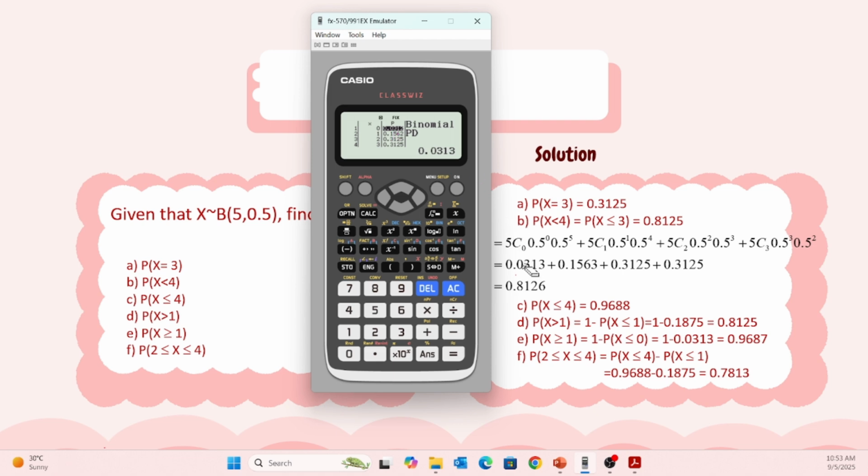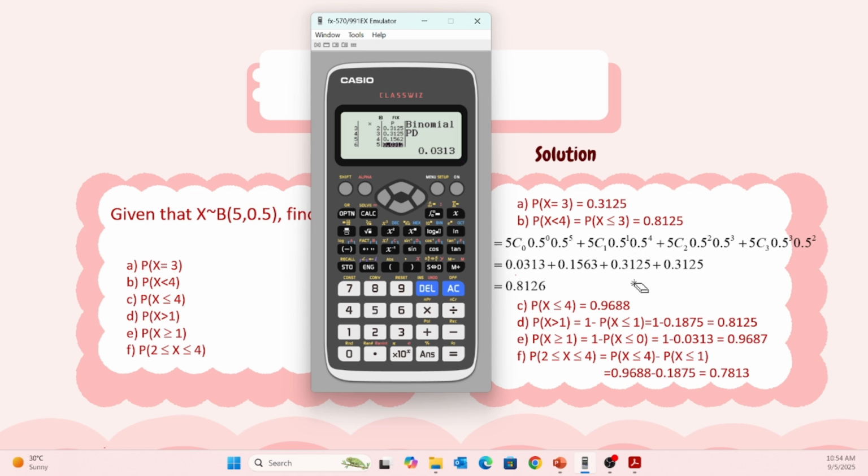X equals 0 is a probability. X equals 1 is 0.1563. X equals 2 and 3 are 0.3125. X equals 4 is 0.1562. X equals 5 is 0.0313.